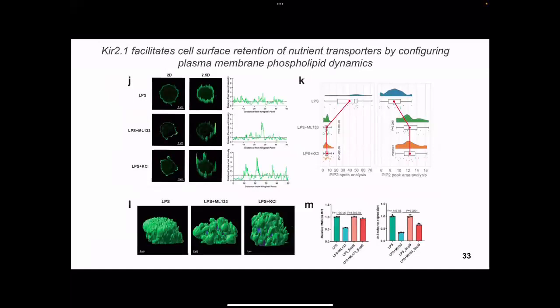Essentially, a depolarized membrane potential leads to changes in the electrochemical properties of the plasma membrane, which is composed mainly of charged phospholipids.